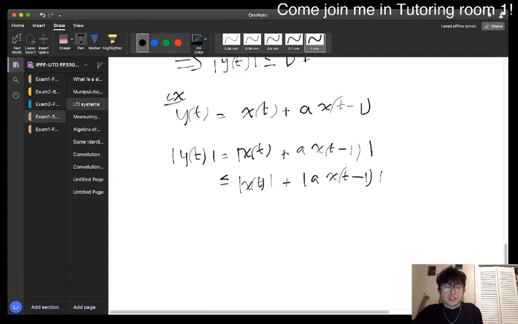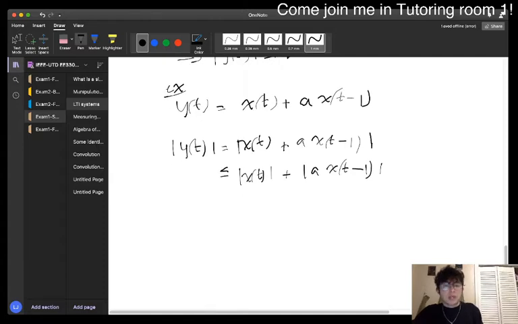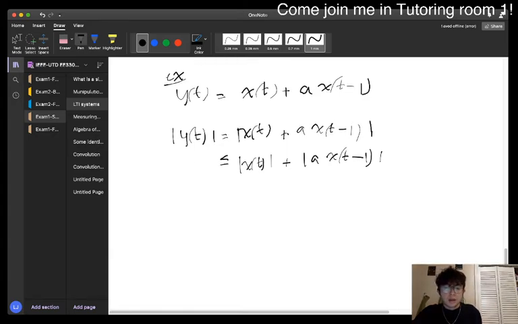The absolute value of a sum is bounded above by the sum of absolute values. And then since x is less than m, that's also bounded above by m, and then we can break up that a times x of t minus 1 again. This is because the absolute value of a product of two numbers is equal to the product of absolute values.